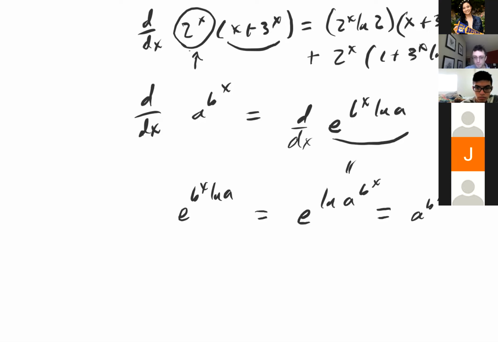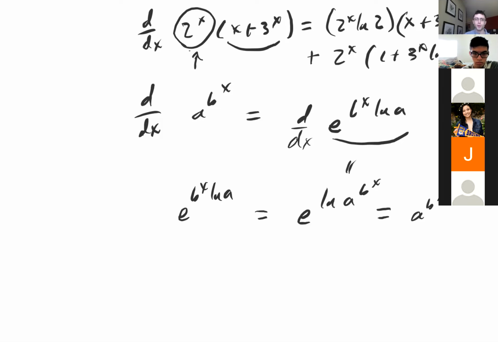Yeah, just real quick on the previous one. I noticed there's the same rule that we apply to 2 to the x that we apply to 3 to the x, so I just skipped all the work. Do you think that'd be acceptable on a quiz? If I showed all my work for 2 to the x, do I have to show all my work for 3 to the x? Oh, you mean for finding the derivative of 2 to the x? You probably don't have to show how to do that.